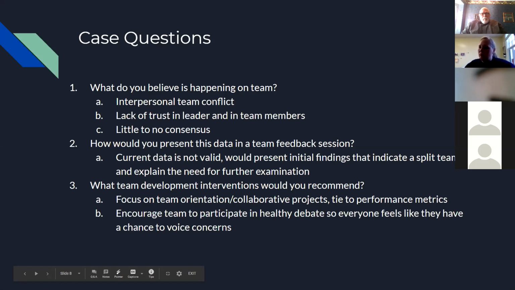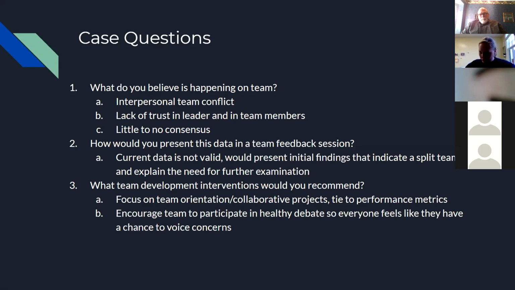Here's what we have, and here's why we need more information if we're going to go forward and we're going to get better. So the current data is not valid. We need to do some resurveying and some relooking at other metrics with the 4-point scale and different qualitative questioning to really get a better idea of where we want to go forward.